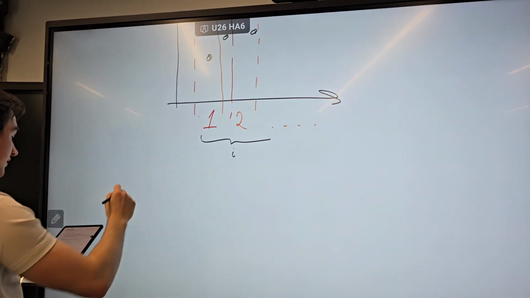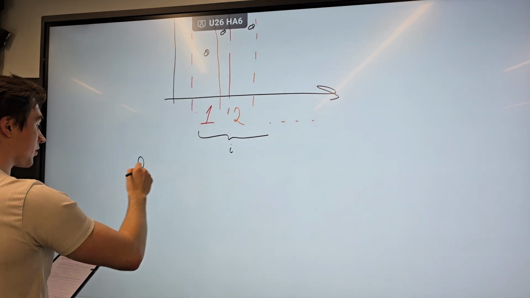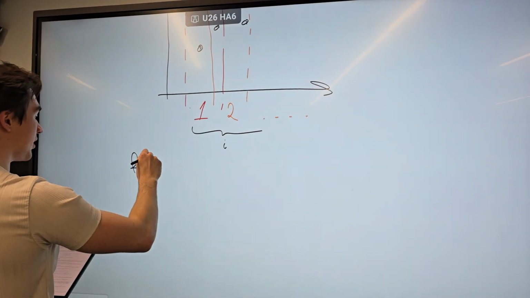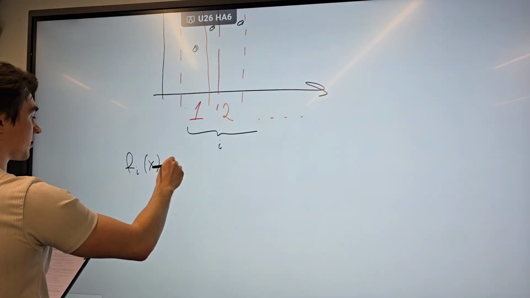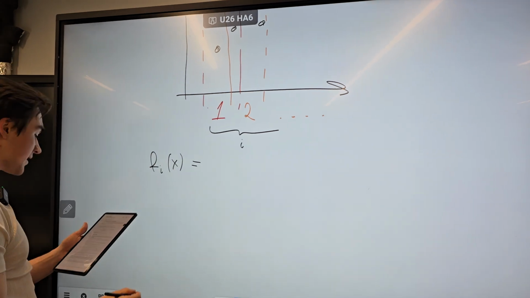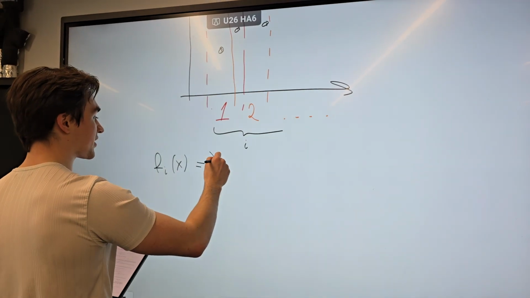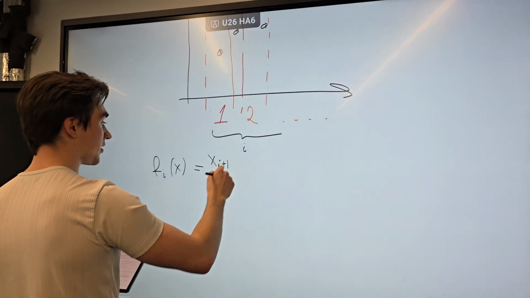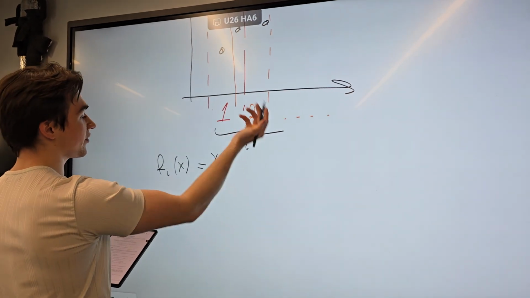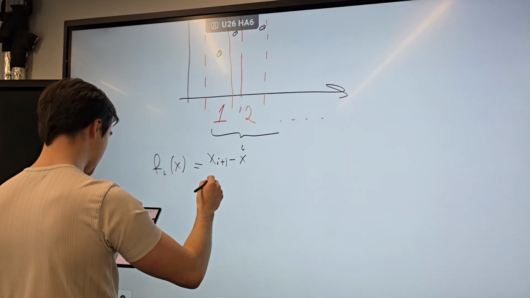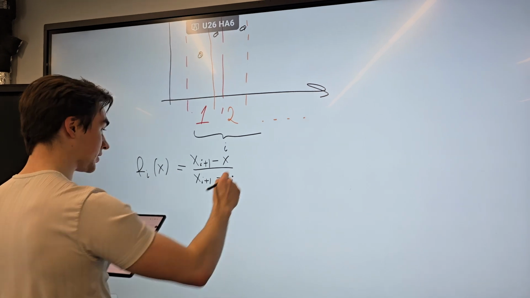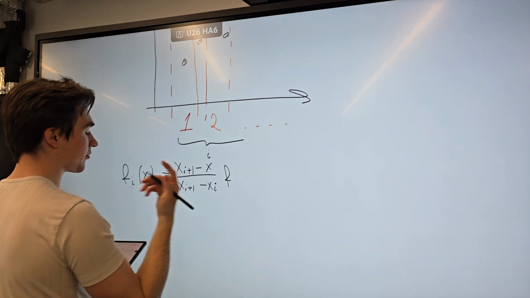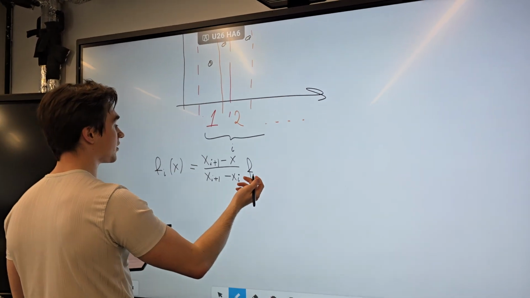we say that for interval i, we approximate it with a function f_i of x, which can be calculated, for example, if we use only 2 points, as (x_{i+1}, which will be the right point, minus x) divided by (x_{i+1} minus x_i) times, and here we need to use some notation.